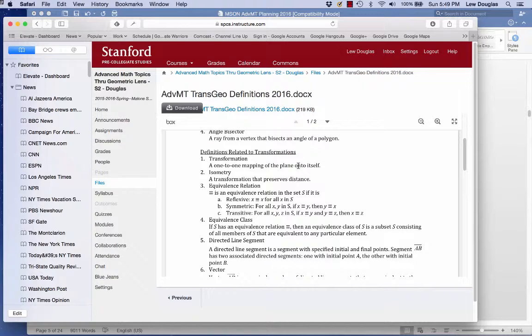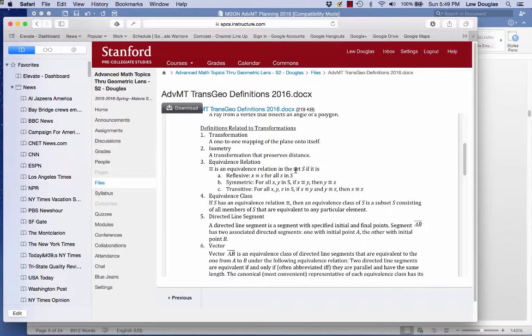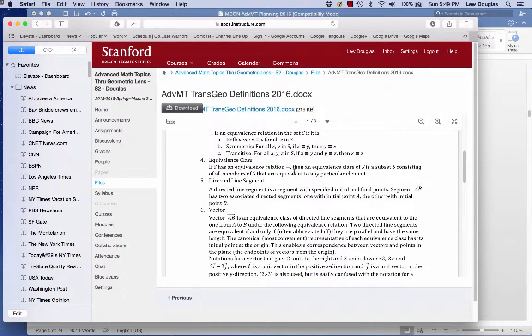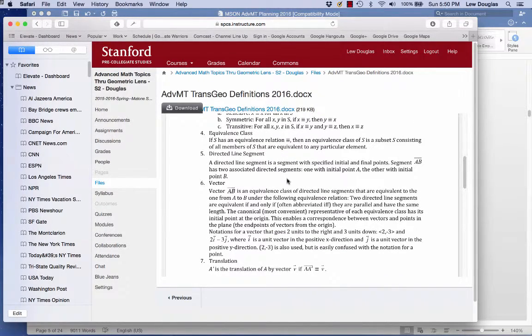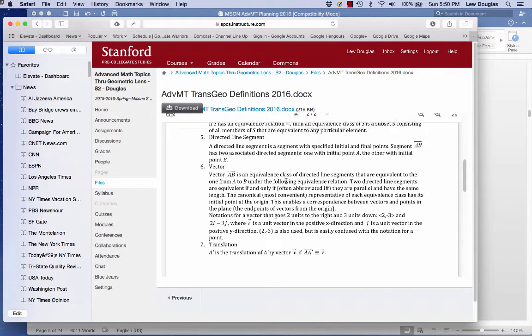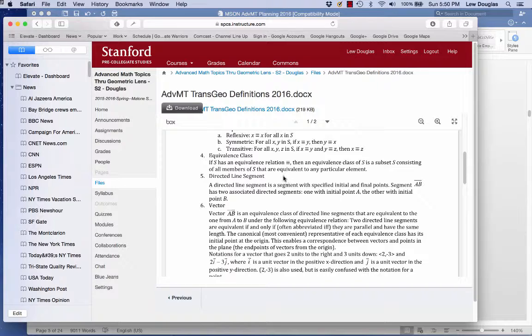And there is another almost as basic one that we'll talk about. Then the definitions of equivalence class, directed line segment, and vector are a little difficult, but we can discuss other equivalence classes. Maybe I'll put that on the homework.